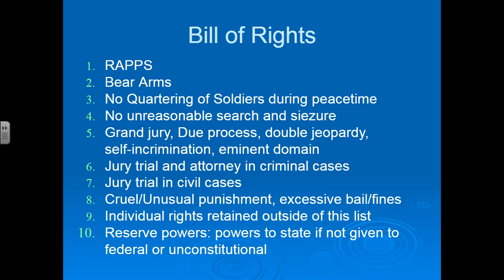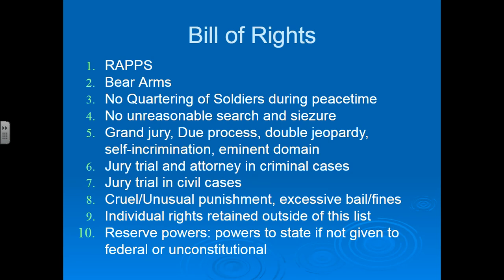It also guarantees due process, which means that the government has to follow certain steps in order to arrest you, detain you, try you. When you hear due process of law, it means we have to follow what the law says. And there's two different forms of due process, which I think we get into in chapter 15.